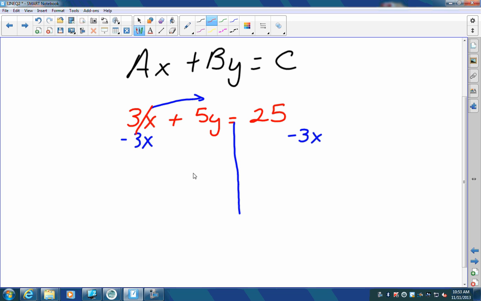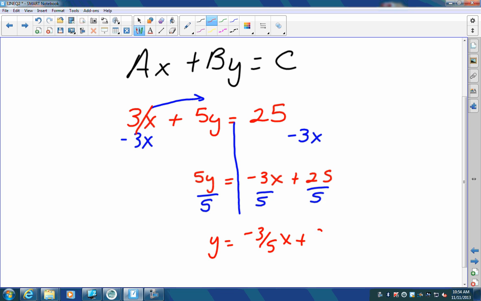And I get 5y equals negative 3x plus 25. Now I divide by 5. And I get y equals negative 3/5 x plus 5. That right here is slope-intercept form.